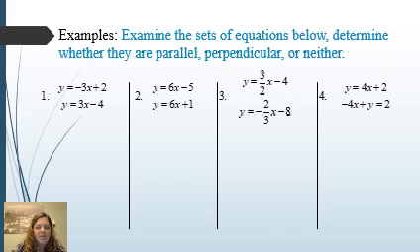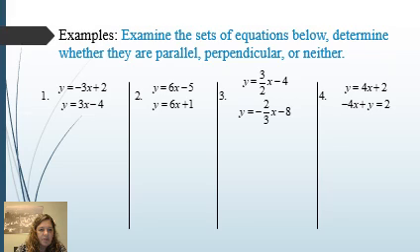So here we have some examples of possible parallel, perpendicular, or neither lines. We're supposed to examine the sets of equations below and determine whether they are parallel, perpendicular, or neither. So let's look at example 1.